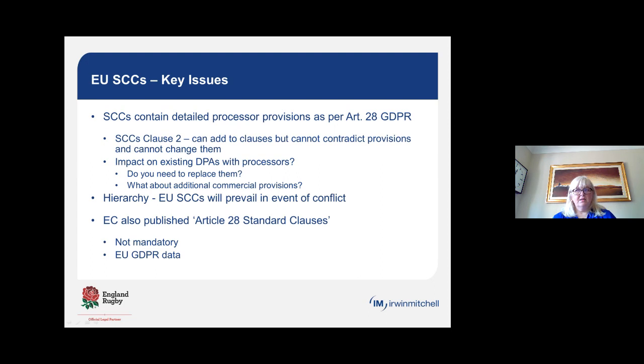As I said at the outset, I am talking about EU GDPR, so data that is caught by EU GDPR. I'm not talking about UK GDPR data. Also, there is a hierarchy clause, so even if you don't put in place a whole new agreement and you leave your existing processor clauses in place, the SCCs will override.